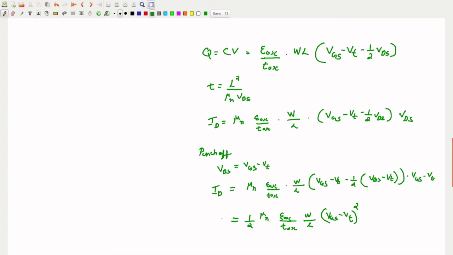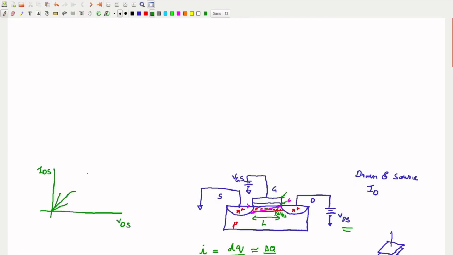Which means now the ID is independent of VDS, so that our drain characteristics now flattens, because even if we increase VDS, the drain current is not depending on it. The drain current is only now depending on the gate to source voltage.